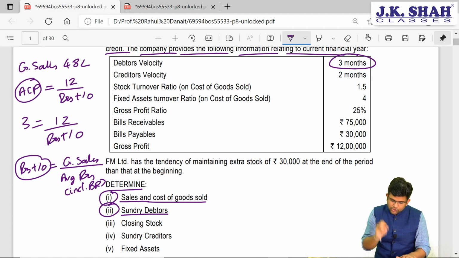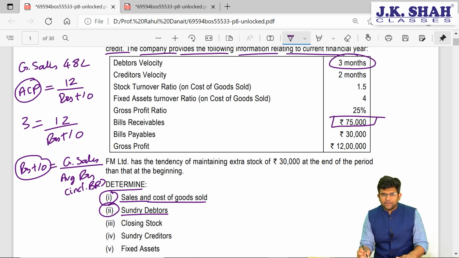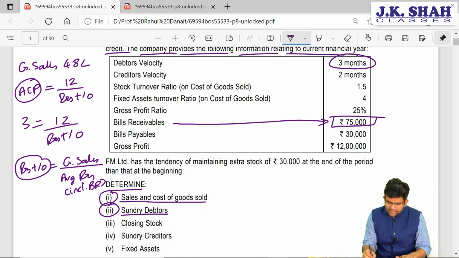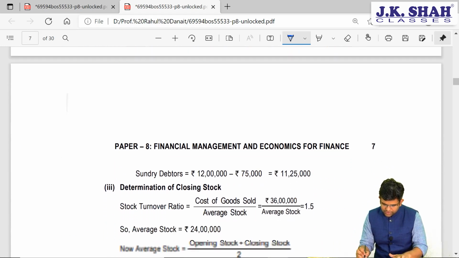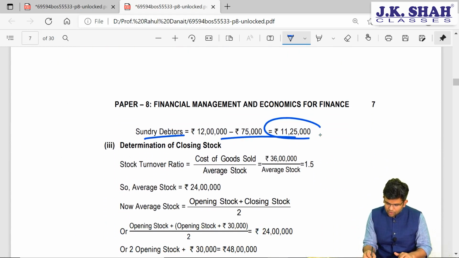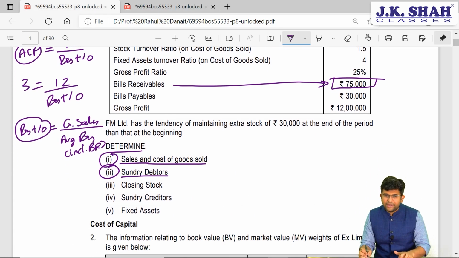Now children, in this 12 lakh, do you realize that bills receivable are 75,000, correct? Bills receivable included are 75,000. So the balance 11 lakh 25,000, do you realize, will be your debtors, correct? So with that, we complete the discussion to sundry debtors.